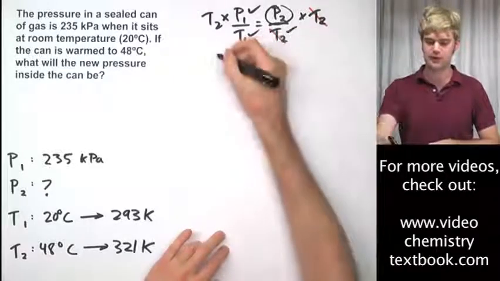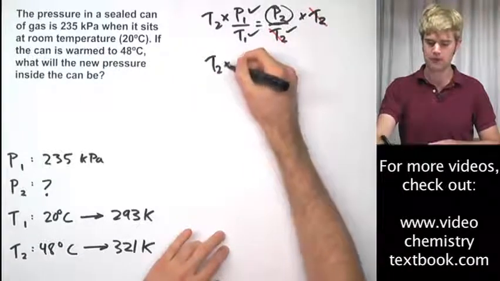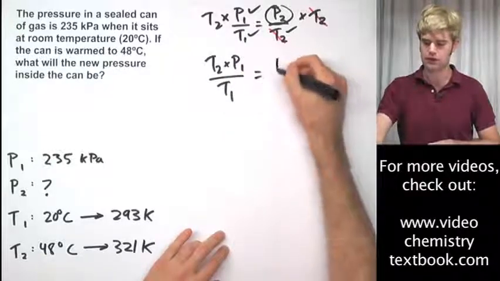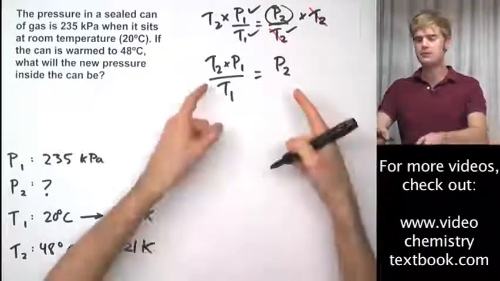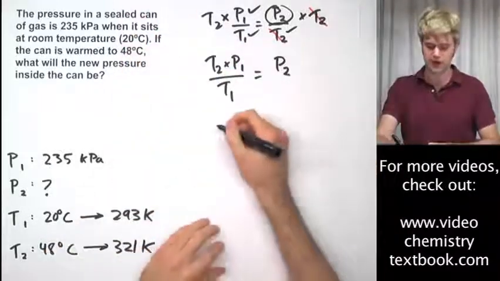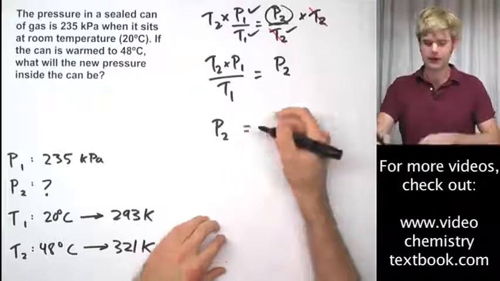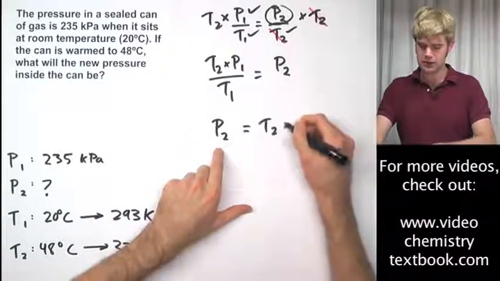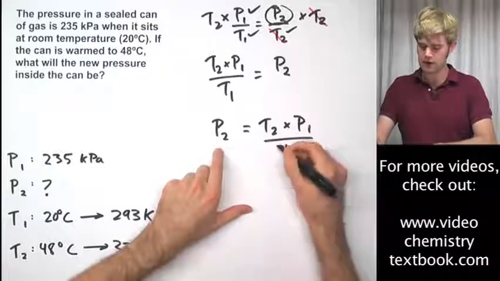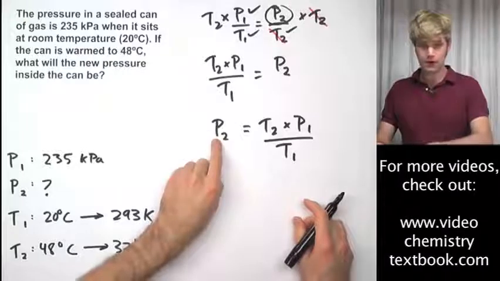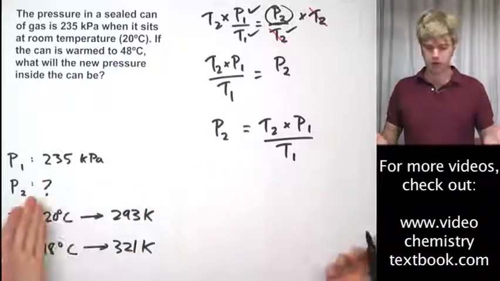And I can rewrite this as T2 times P1 divided by T1 equals P2. Now, some of you might not like that P2 is on the right-hand side, so I'll just flip it. But really, it's the same equation either way. So we'll just say P2 equals T2 times P1 divided by T1. Okay, so there we go. Now P2 is by itself, and we're ready to plug in the variables.